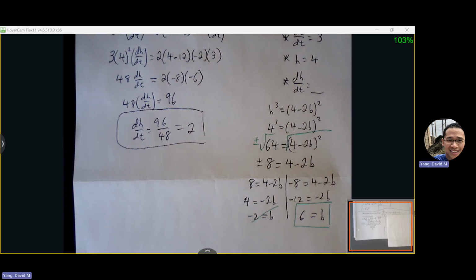Number 12 is also another related rates. Anytime we see something over dt, we know that we're going to have to go through related rates here. So number 12. Each time we come across z or x or y's derivative, we need to produce dz dt, dx dt, dy dt.